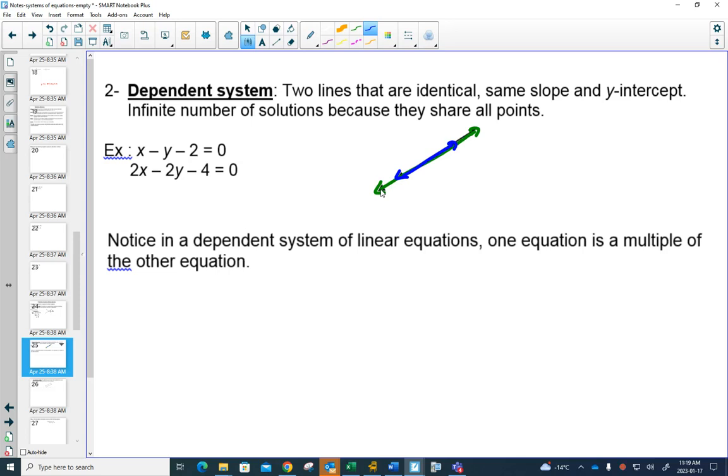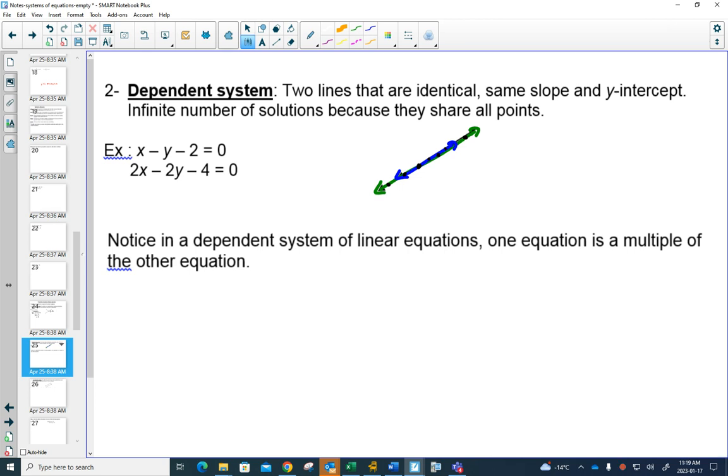Everywhere. Can you see that the green line and blue line, you can't just write one answer, like, this would work, this would work, this would work, there's so many points that are the solution. In fact, the solution has an infinite amount of solutions.